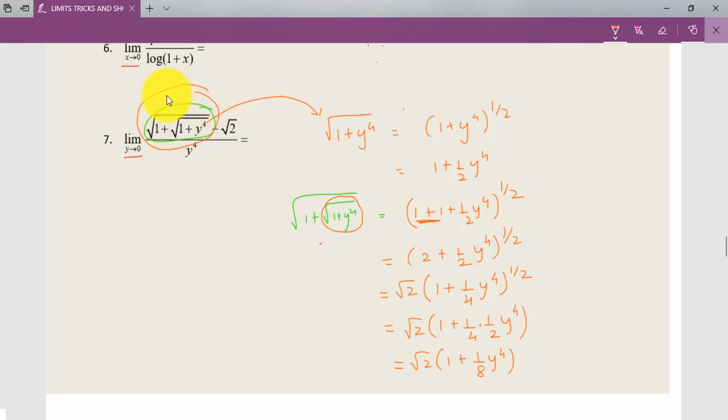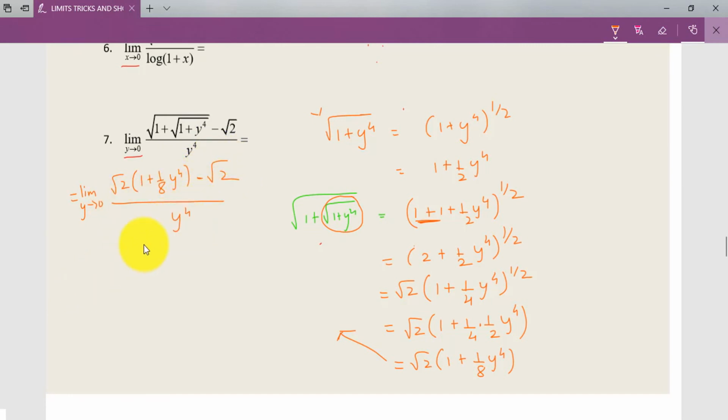Now coming back from here, I will take my example in this direction. The whole problem I will write again. It is equal to the limit of y tending to 0. What is the value of this whole square root sign? It is the square root of 2 inside the bracket, 1 plus 1 by 8 y power 4, minus the square root of 2, the whole divided by y power 4.